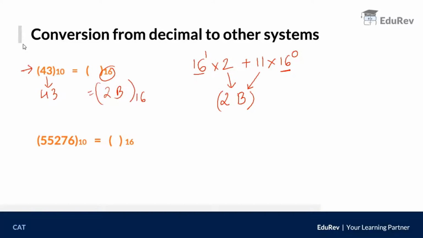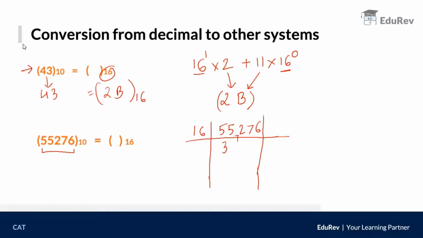Now let's look at another question. They have given us such a big number and you have to convert it into a hexadecimal system again. So what do we do? I'll make a table here. I will divide 55276 by 16 and whatever is the remainder I will write that in the final column. So if I divide 55276 by 16, this will be 16 3s are 48.